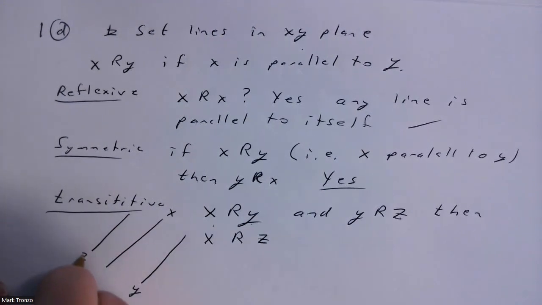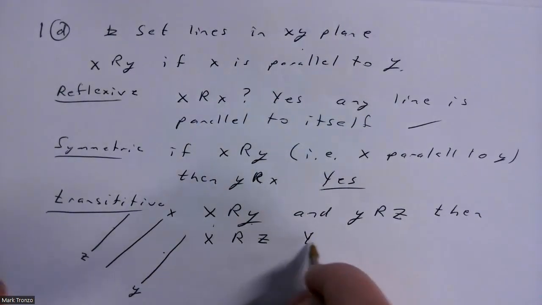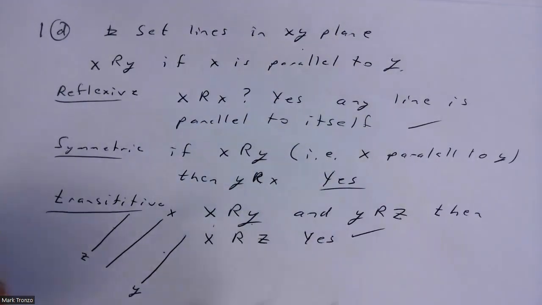Those don't look very parallel, but they're supposed to be. So if X is parallel to Y and Y is parallel to Z, then certainly X is parallel to Z. So this is yes. So this is an equivalence relation.